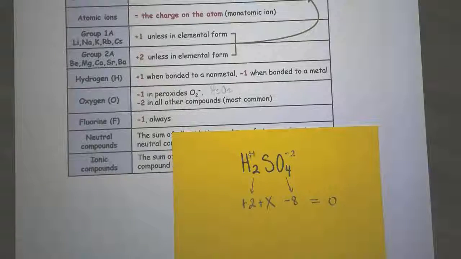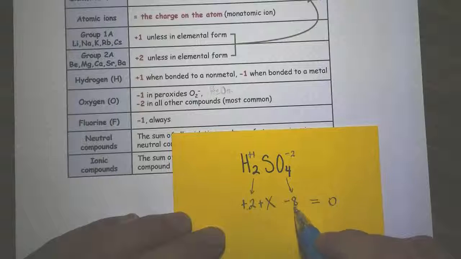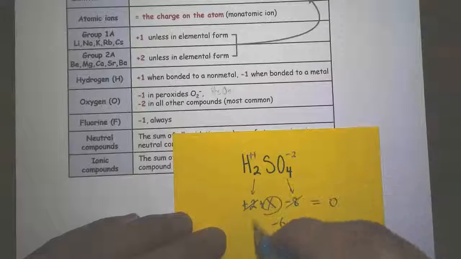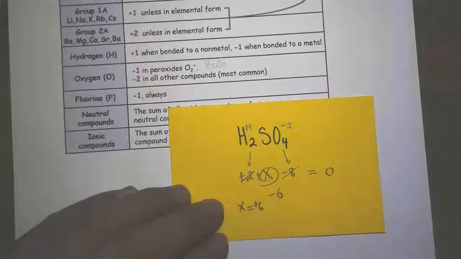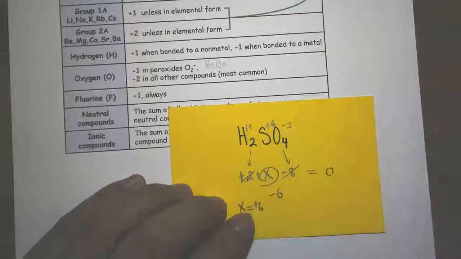Can we solve for X? Well, of course, we have +2 and -8, which combine to give us -6. What number plus -6 will give you 0? Of course, X must be 6. So the oxidation number for sulfur is +6.